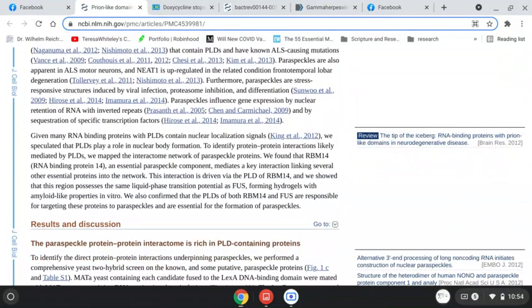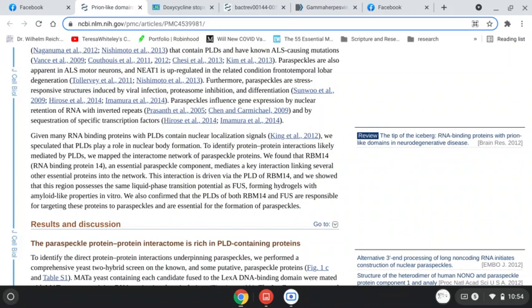To identify protein-protein interactions likely mediated by the prion-like domains, we mapped the interactome network of paraspeckle proteins. We found that RBM14, RNA binding protein 14, is an essential paraspeckle component, mediates a key interaction linking several other essential proteins into the network.